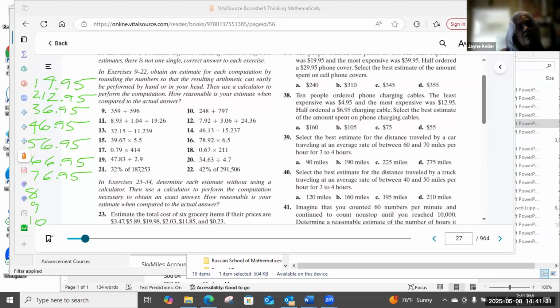I don't know what these other 3 paid, but I know that it wasn't less than $4.95 and it wasn't more than $12.95. So let's just assume that it's close to what these guys paid. Let's just say they all paid about $7 too. And then I can add all of these up and I'll get a number that's close to 75.